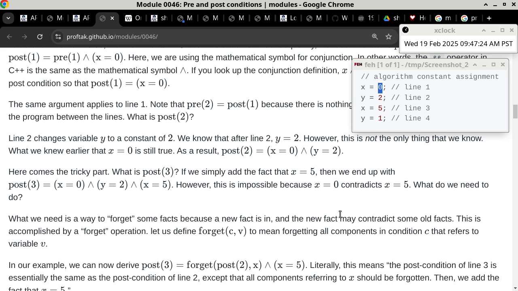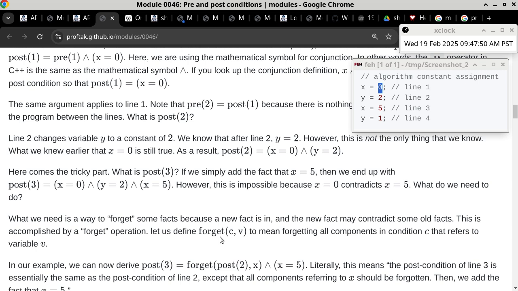So that means we need some kind of a mechanism to forget whatever value is in x when we overwrite x with a value of 5. So that's why I invent a notation called forget. When we use the function forget, the first argument C is a condition, the second one is a variable.